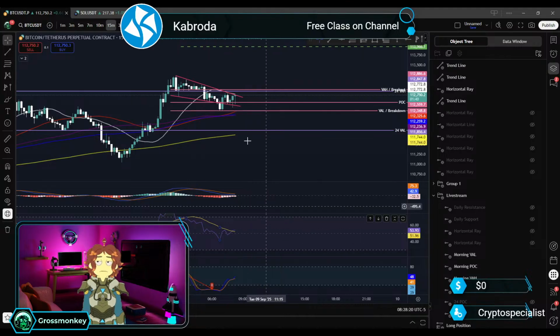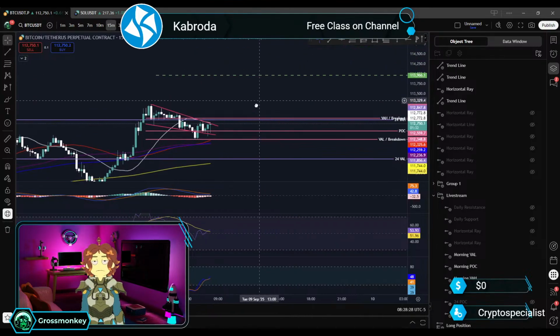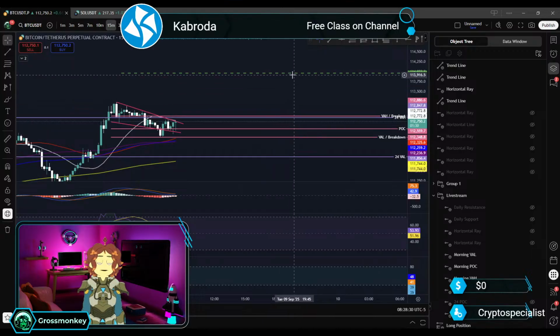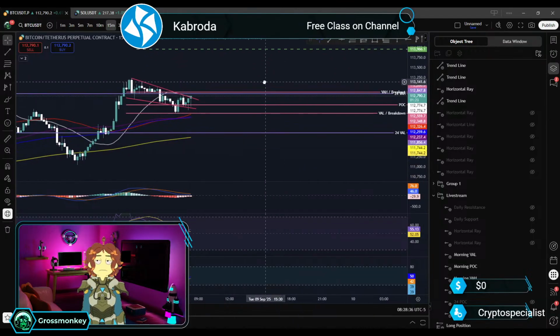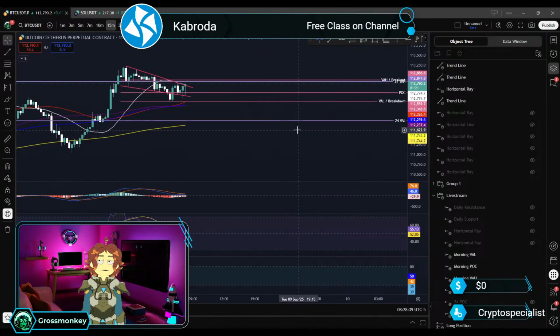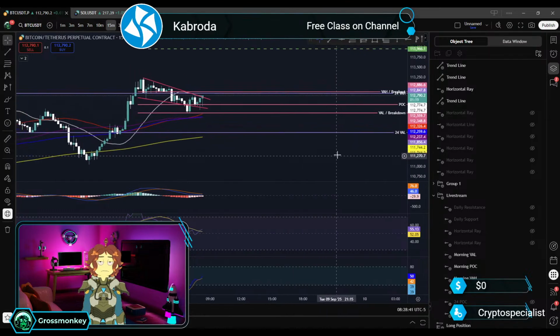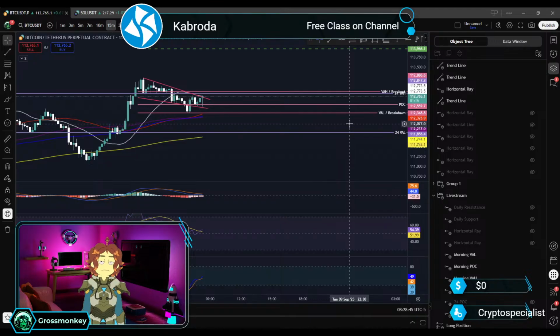So here, those zones: on the top side, you're looking at 13,300 and 13,500, right below the 200 on the 4 hour. And if we're looking at the downside, we're looking for that 24 hour volume area low, and right above it at 112,200.